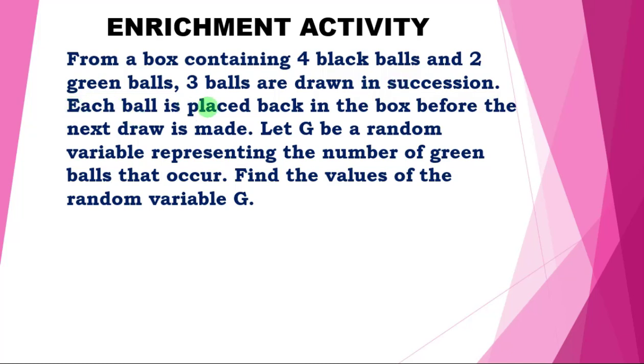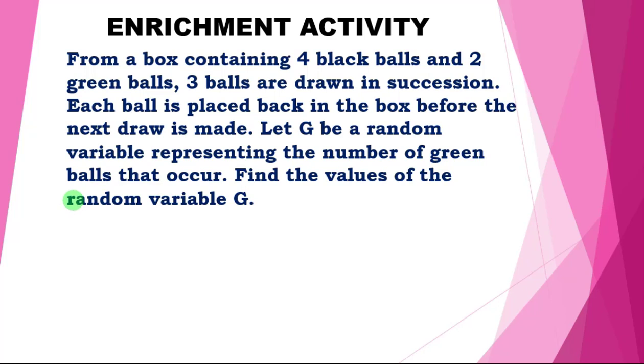Each ball is placed back in the box before the next draw is made. So once you draw, for example, a black ball on the first draw, you record it and return the black ball and draw another one. Let G be a random variable representing the number of green balls that occur. Find the values of the random variable G.